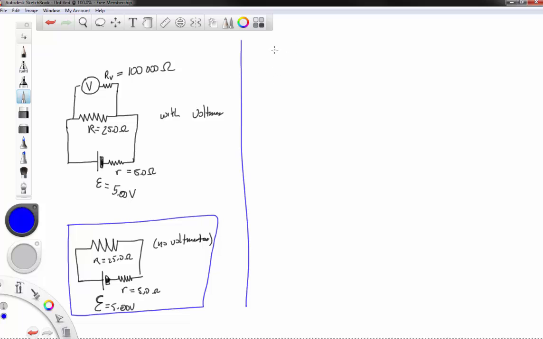So in the no voltmeter case, we have epsilon of 5.00 volts. Current, of course, is epsilon divided by R plus r. So that's 5.00 volts divided by 25.0 ohms plus 5.0 ohms, which is basically 1/6 of an amp. So the current is approximately 0.167 amps.